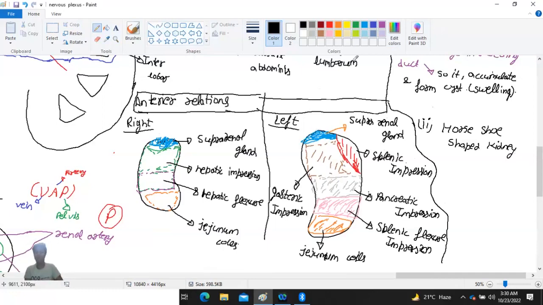Basically, the two kidneys are fused from the inferior poles like this.